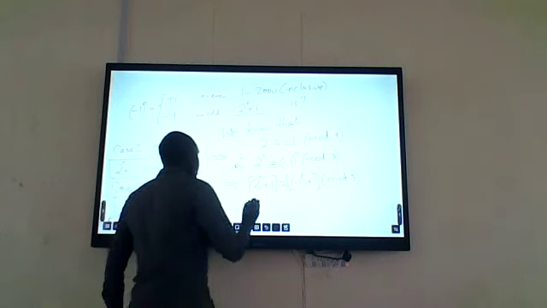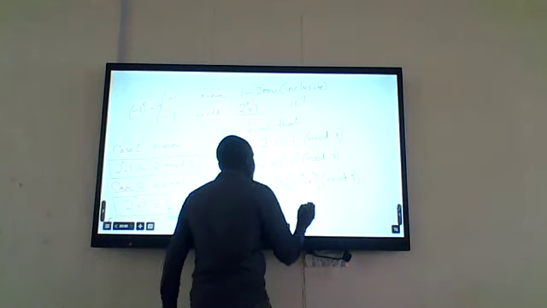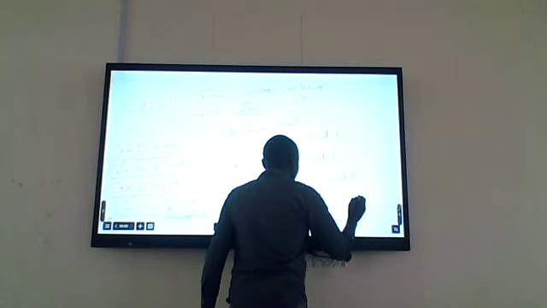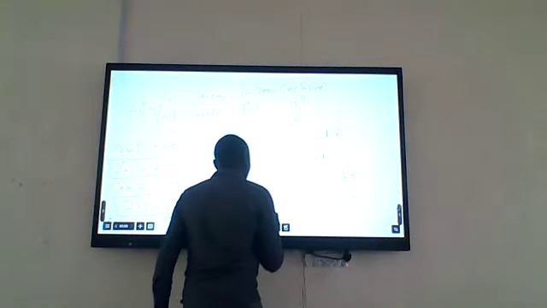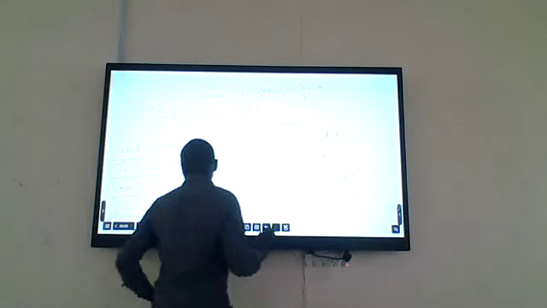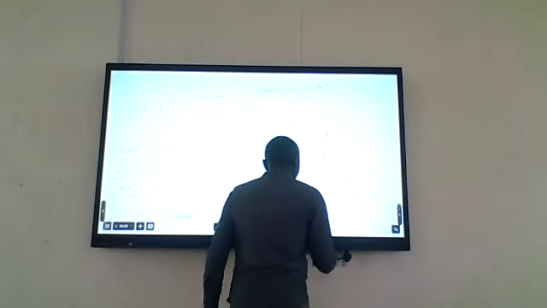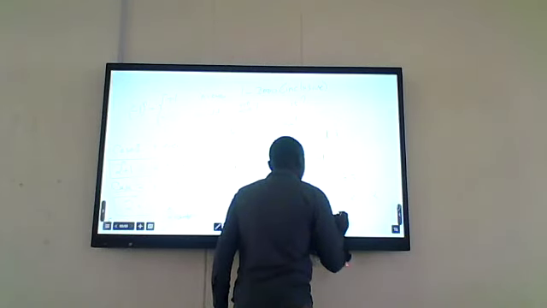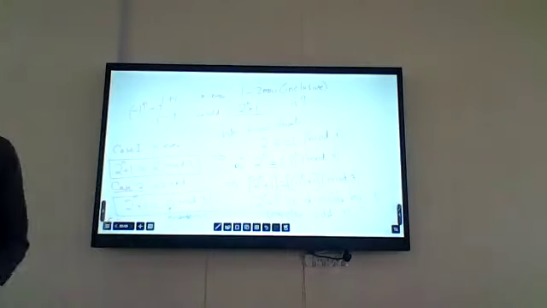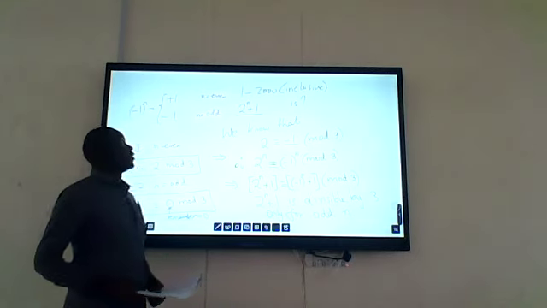So it shows that 2 power n plus 1 is divisible by 3 only for, so this case was for odd n, for odd numbers n.